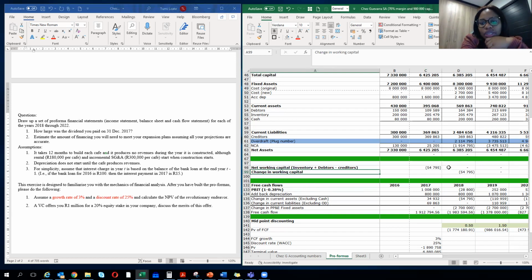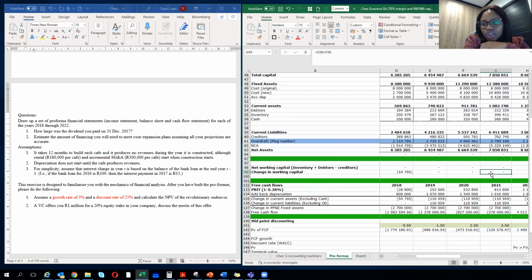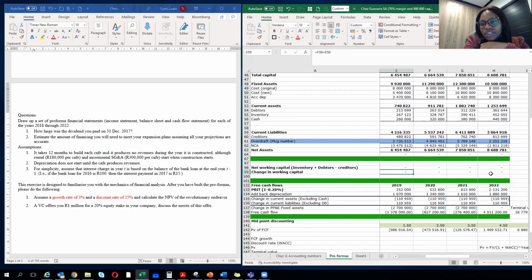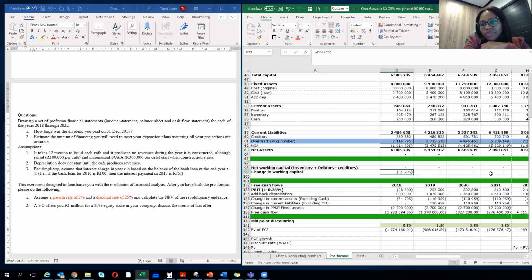Okay, so we needed to invest in this working capital of 54795 in that year. But then going forward, we don't need to continue to plow in additional money into this working capital because your balance is just 0. Your debtors and your inventory balance together equal your creditors balance.